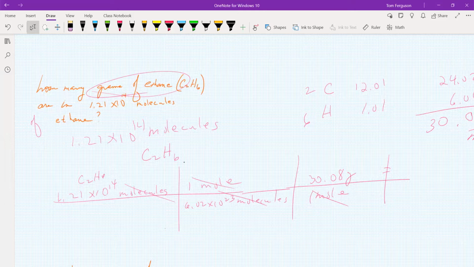Okay, so let me quickly do that. And because I'm going to now branch off from here, I'm going to do a full-blown stoichiometry problem using molecules instead of grams.